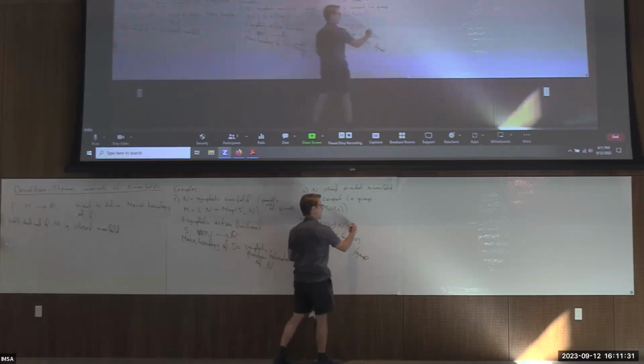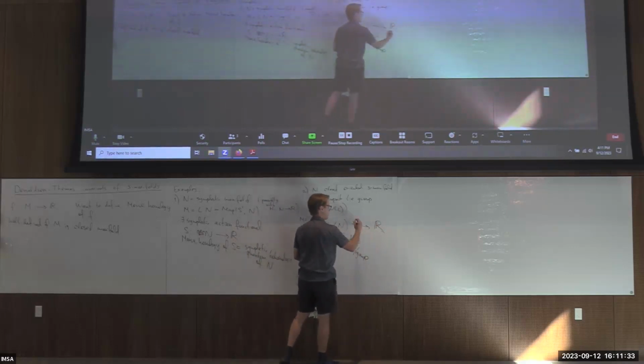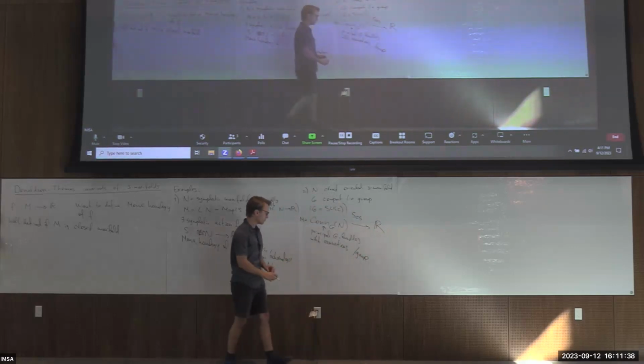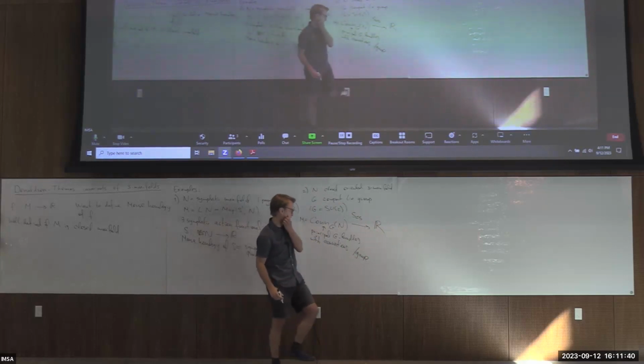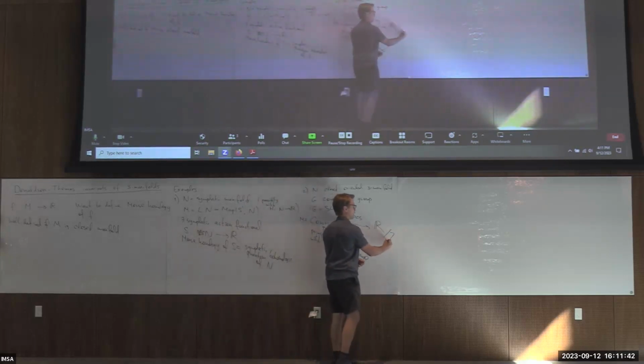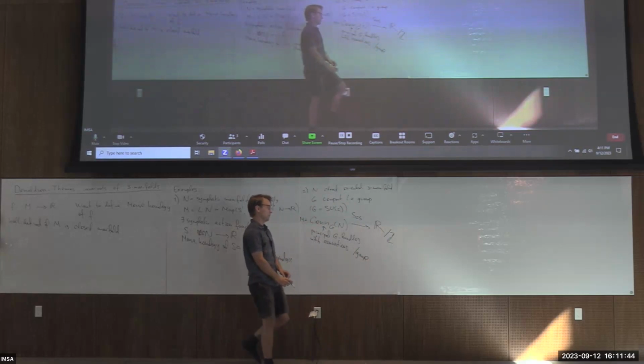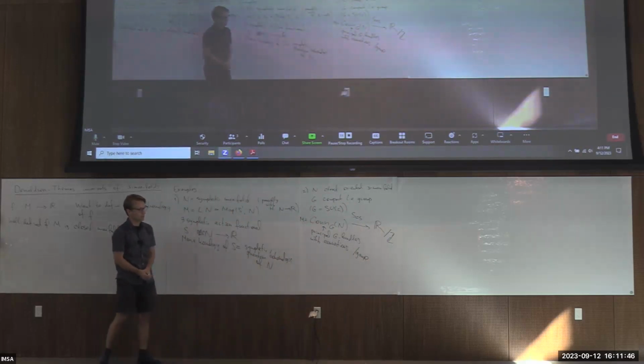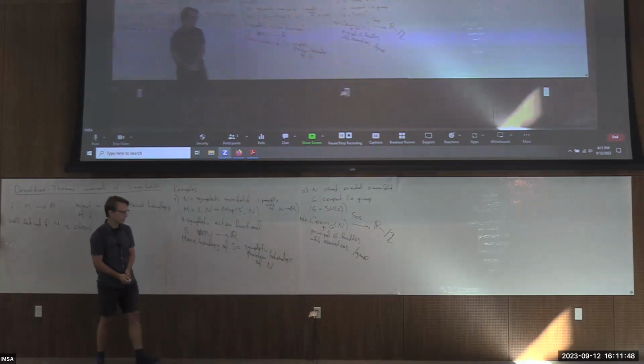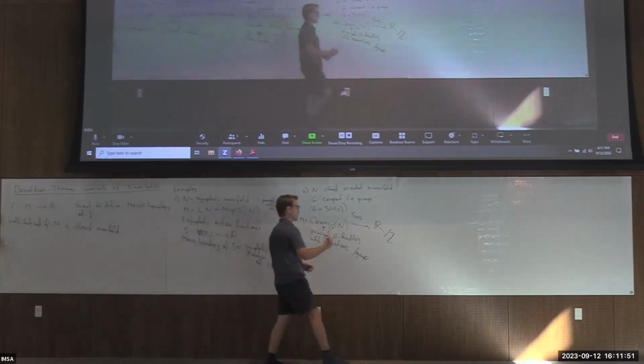And then on the space of connections, there's a Chern-Simons functional. Usually it's not quite real valued, it's R mod Z valued, this Chern-Simons functional.